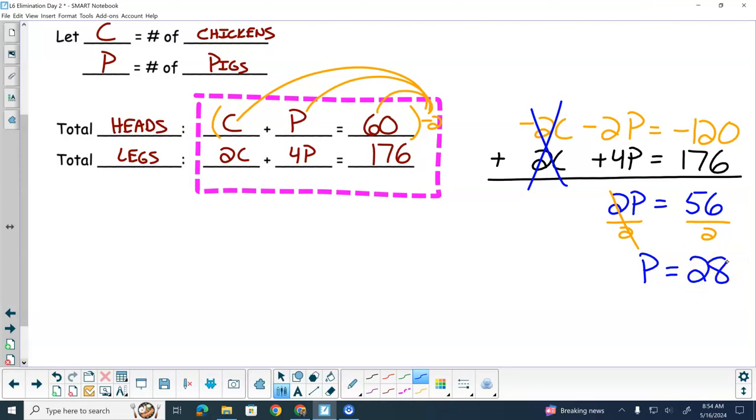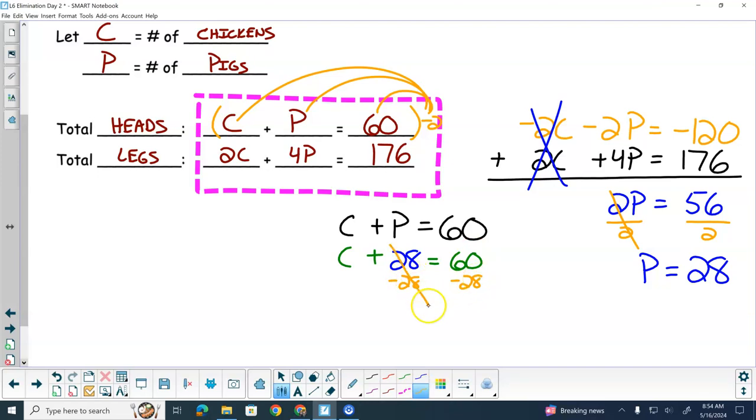Then, if there are 28 pigs, I'm going to use C plus P equals 60 here in step number 4, which means that C plus 28 is 60, and I can subtract 28 from both sides. That gives me C is 32.